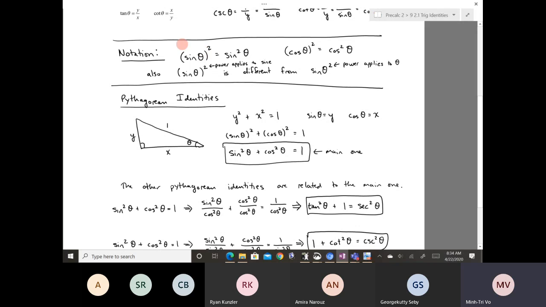It means that you multiply that thing by itself. So this thing would be sine of theta times sine of theta, whereas this thing means sine of theta times theta. So again, these two things are different.